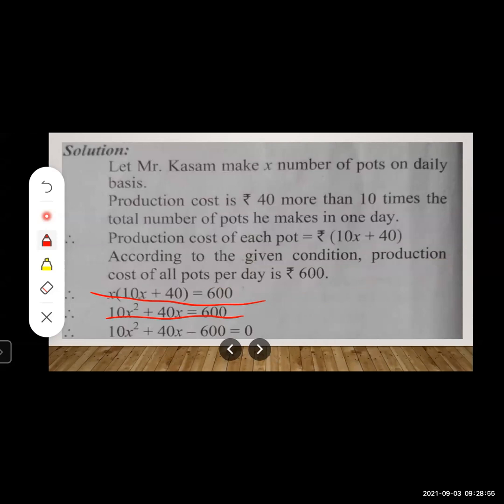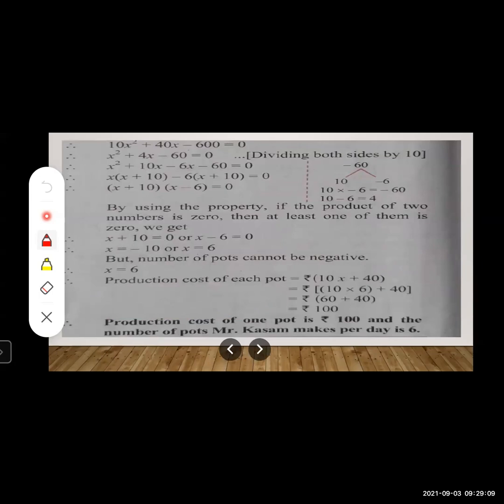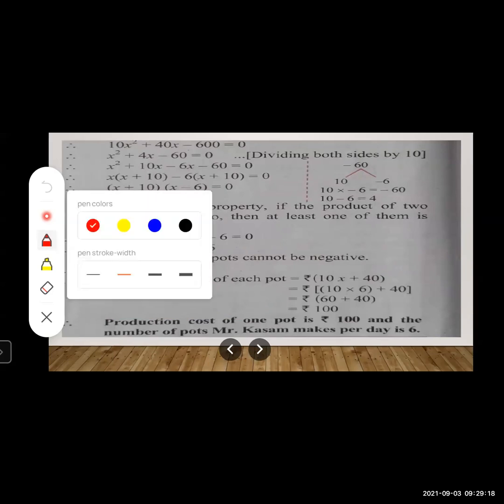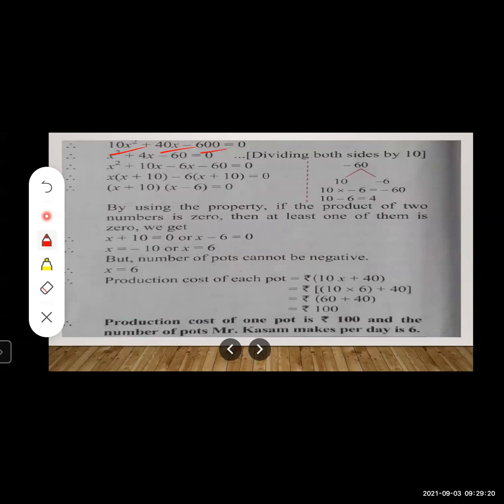Now, with further simplification, what are you getting? 10X square plus 40X minus 600 is equal to 0. The 600, when coming to this side, becomes negative. Now let us move to the next slide. 10X square plus 40X minus 600 is equal to 0. Now you can see here 10 is common everywhere.